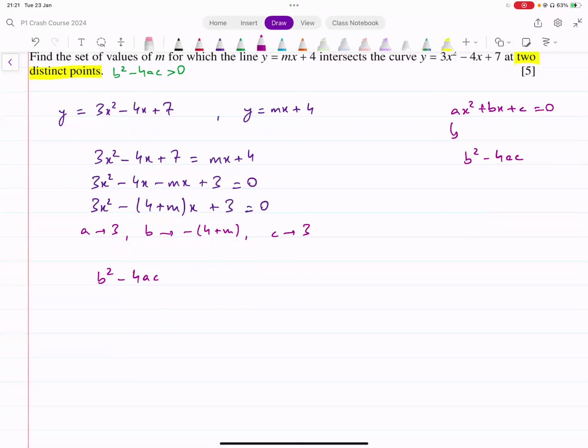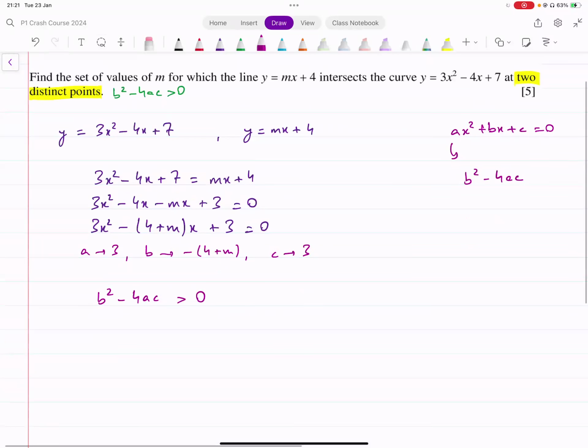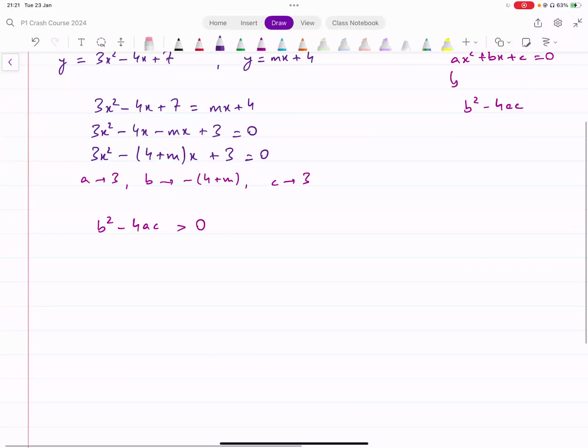B squared minus 4ac is supposed to be greater than 0. Why? Because the line and the curve intersect at 2 distinct points. So now we just input values here. In place of b, we write minus (4 plus m), whole squared, minus 4 into 3 into 3. That is supposed to be greater than 0.